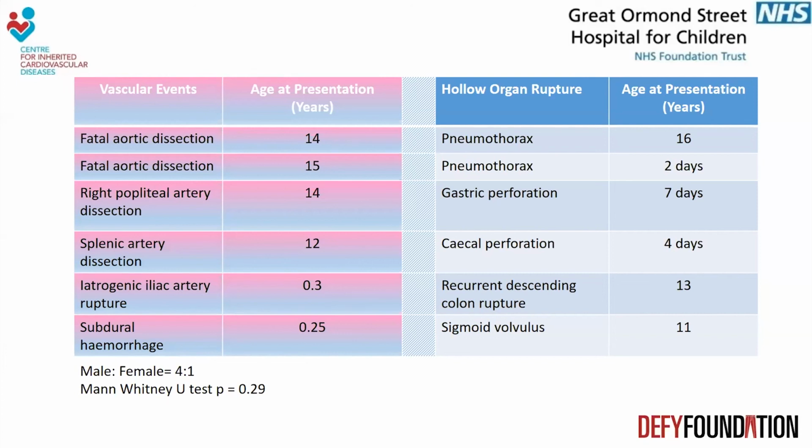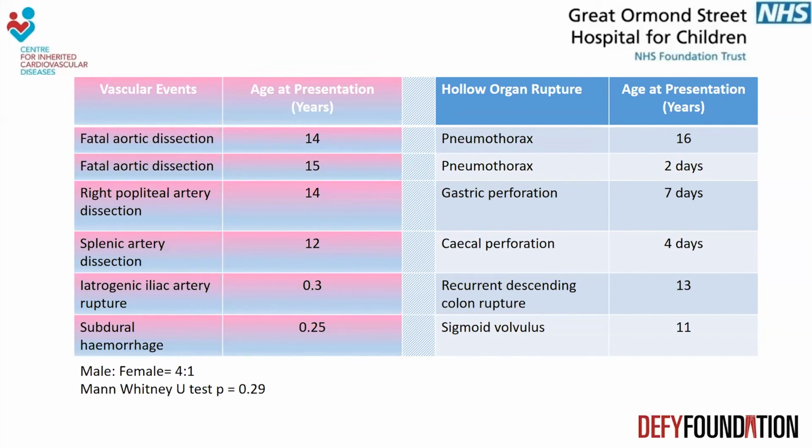One baby presented at 3 months of age with subdural hemorrhage and was initially treated as non-accidental injury and was put into foster care for 4 months before the diagnosis of vascular EDS was made. Other vascular events include right popliteal artery dissection and splenic artery dissection.